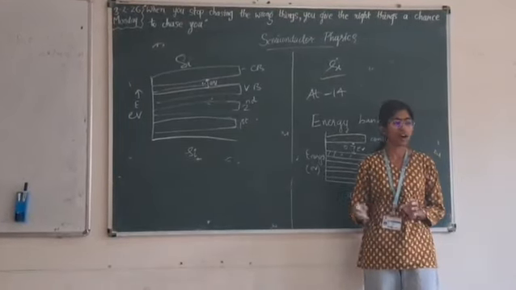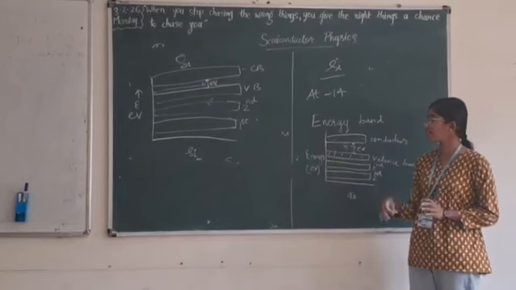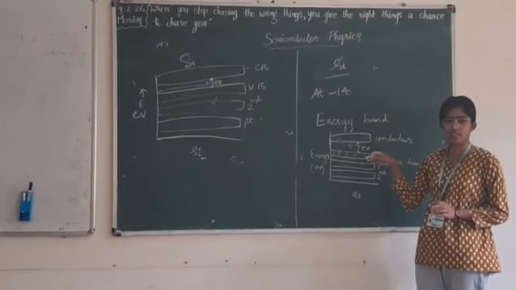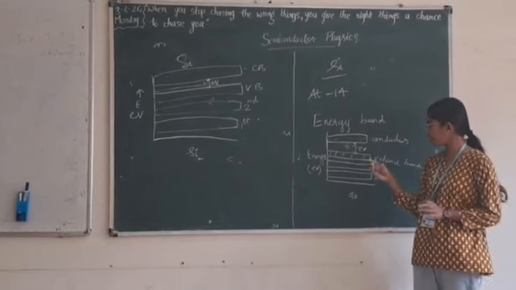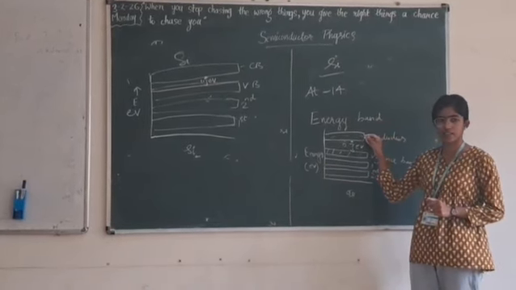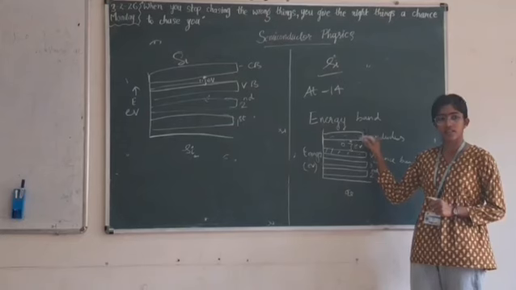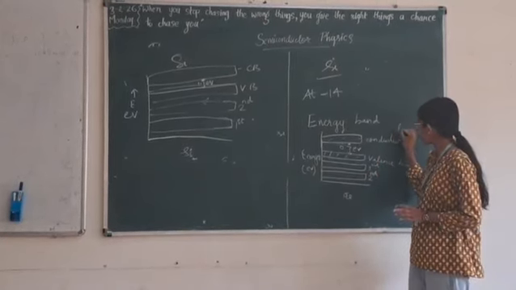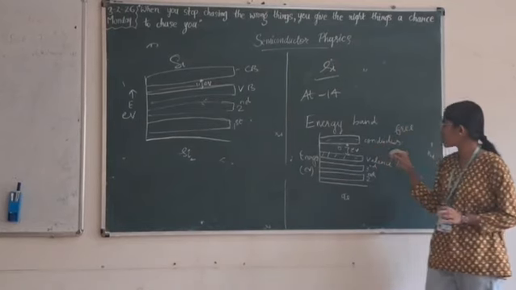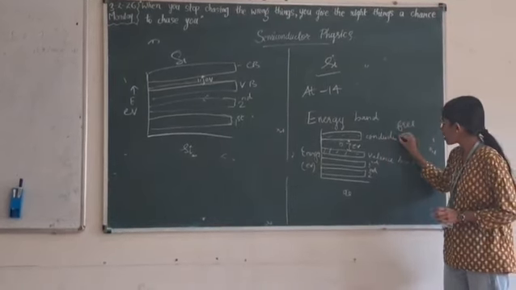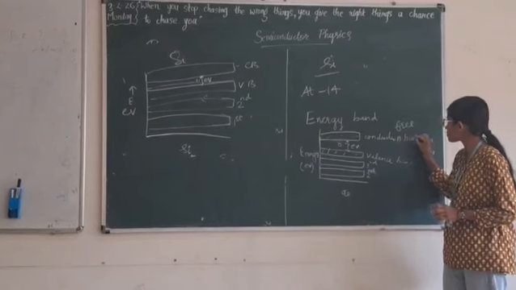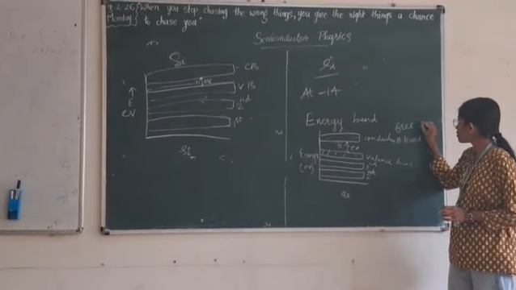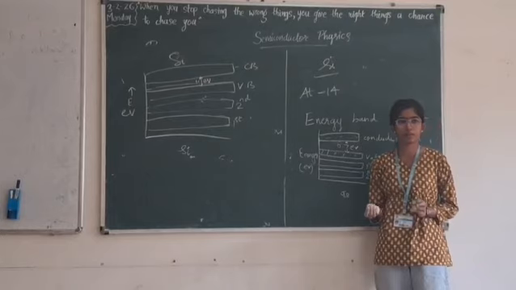After these electrons gain some energy and reach the conduction band, they'll be called as free electrons. The electrons that reach conduction band can be called as free electrons. Free electrons will be able to conduct.